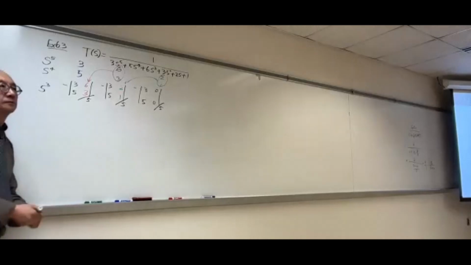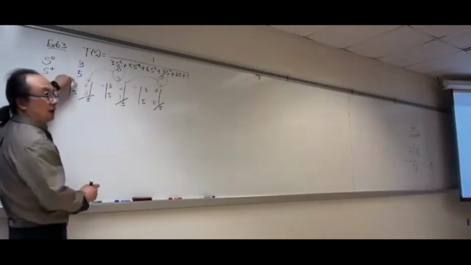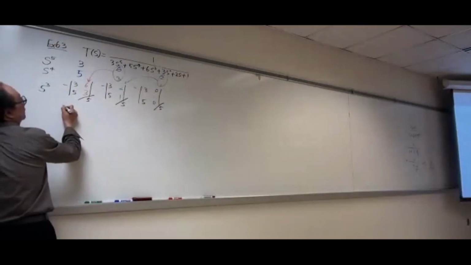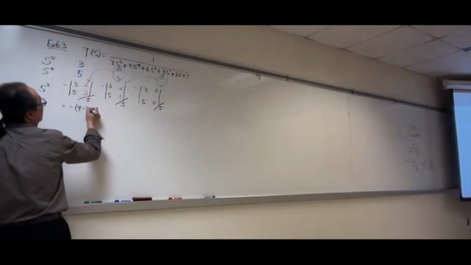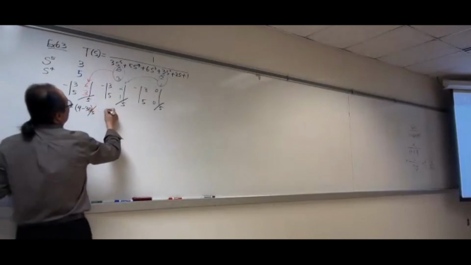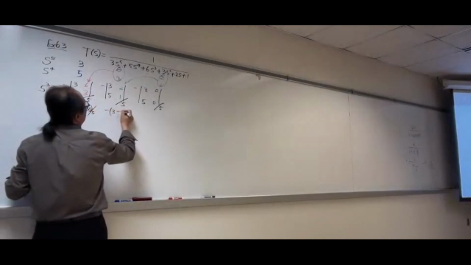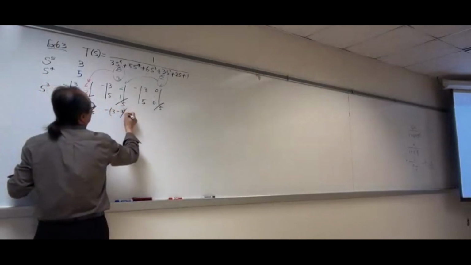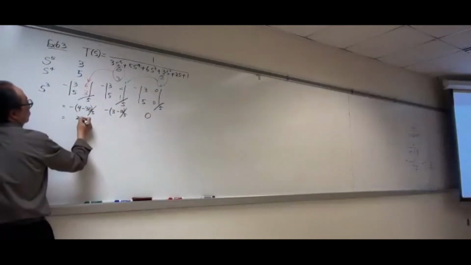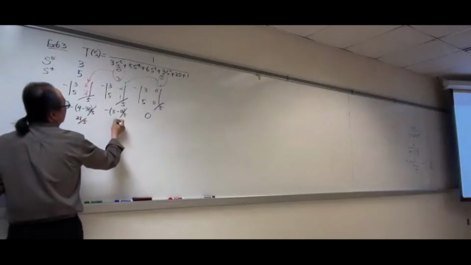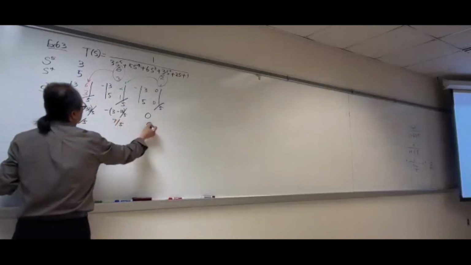We good? Yeah, over 5 is from this guy right above. So that equals negative 9 minus 30 over 5, negative 3 minus 10 over 5. This is 0. That is 21 over 5. This is 7 over 5 and 0.